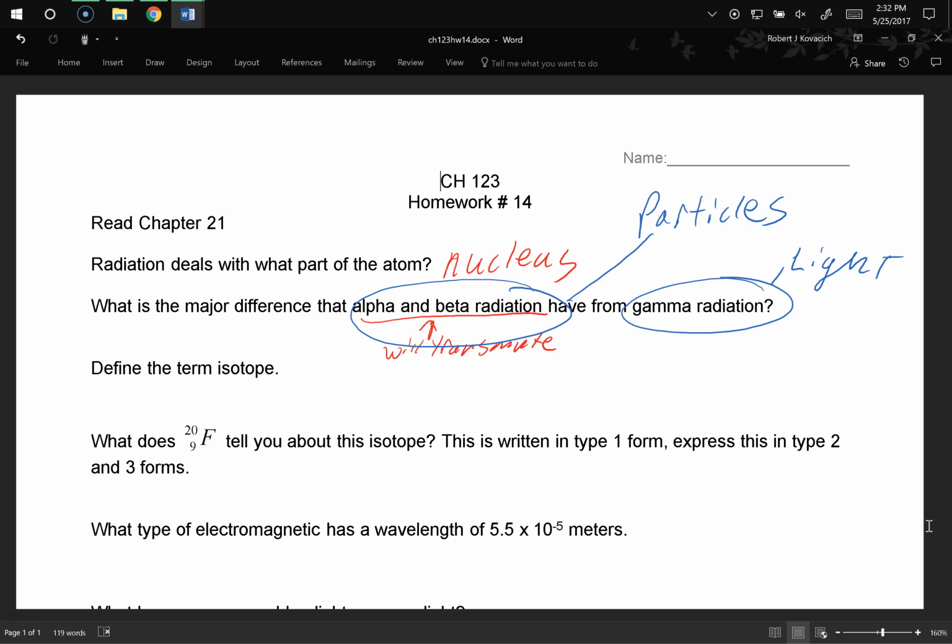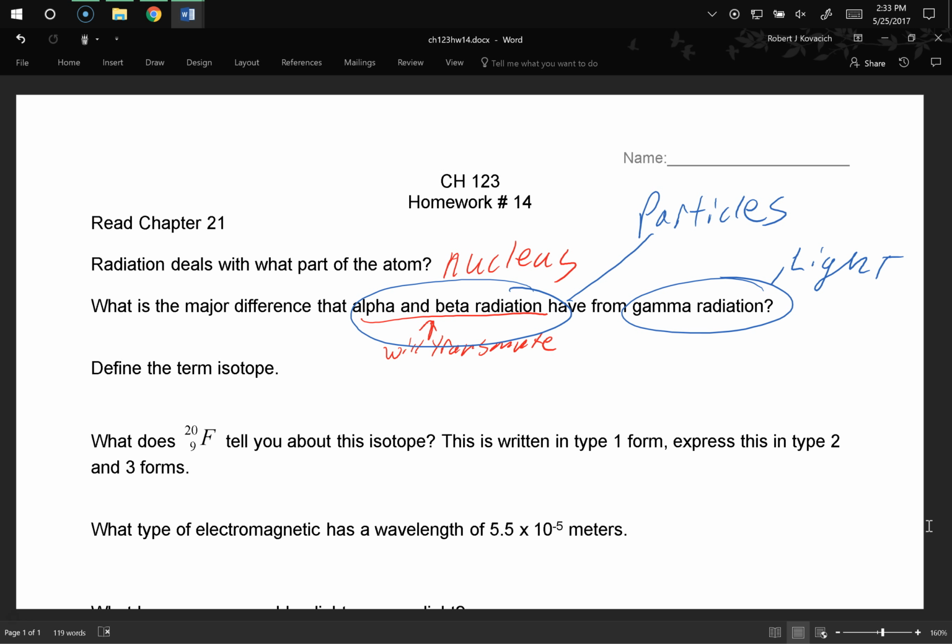The alpha and the beta are things. They're like actual physical objects that come out of the nucleus, where the gamma is just energy. There isn't anything to capture or store or interact with. It's just light energy.